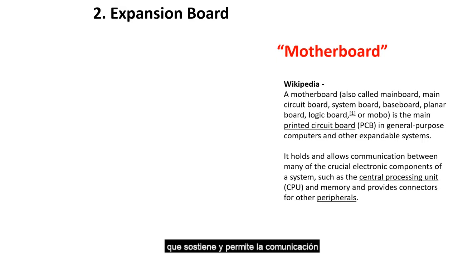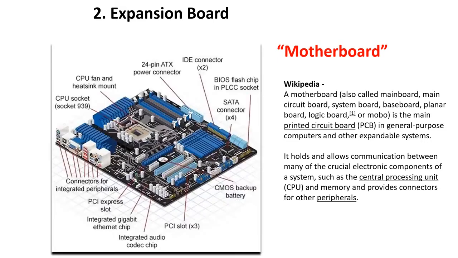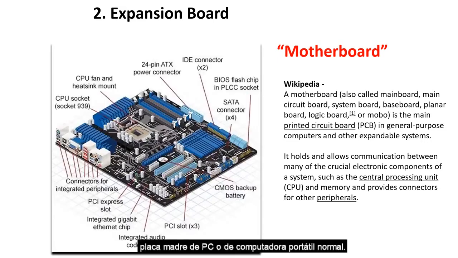It holds and allows communication between many of the crucial electronic components of a system, such as the central processing unit and memory, and provides connectors for other peripherals. What we see here is an example of a regular PC or laptop motherboard.